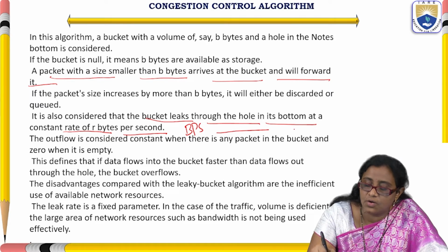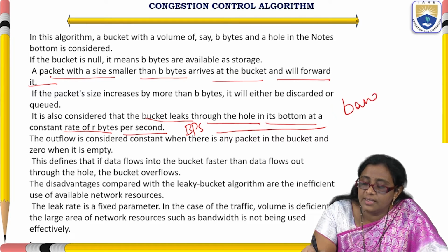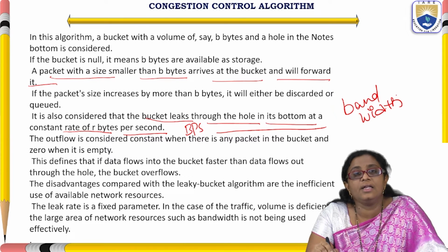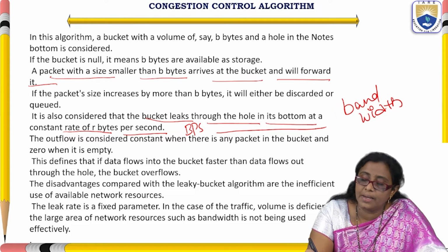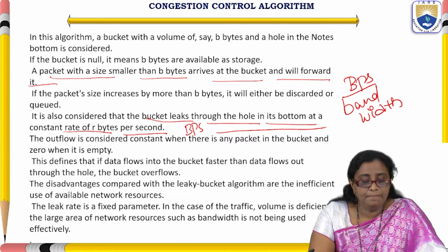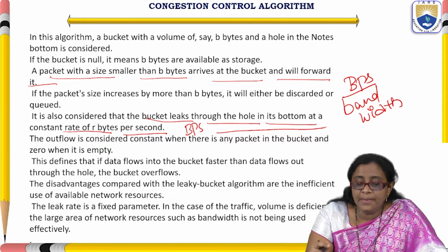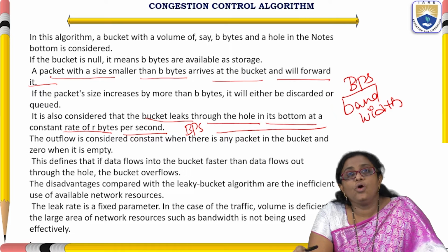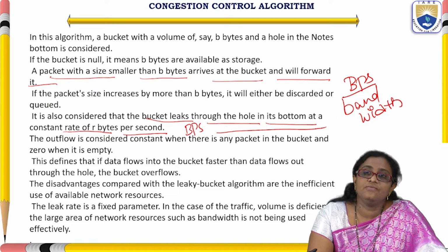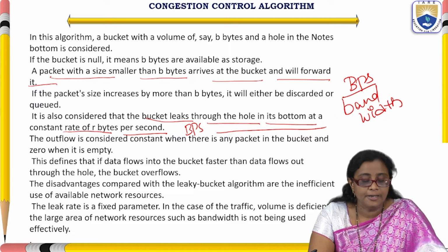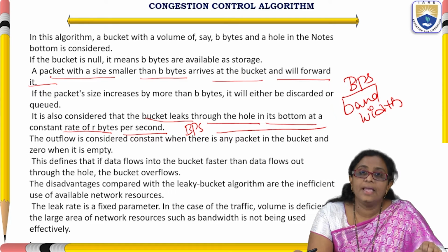That is what we call the bandwidth calculation, that means the rate of bits or data packets that can be transmitted per second, which we call BPS. So the incoming is like that, and the outflow is considered constant when there is any packet in the bucket, and 0 when it is empty.